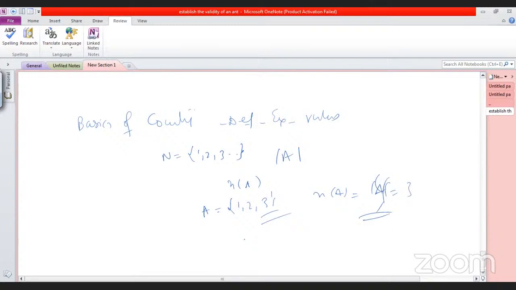Two sets that have no common elements are said to be disjoint sets, and more than two sets with no common elements are said to be pairwise disjoint sets. Suppose we take A equals {2, 3, 5} and B equals {1, 4, 6, 10, 20}.